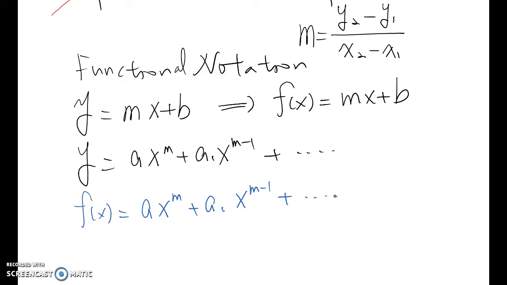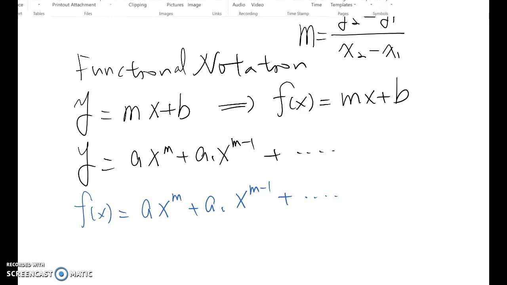Then what is the reason most mathematicians prefer using functional notation instead of y? The reason is that functional notation indicates the input value and output value in one notation.